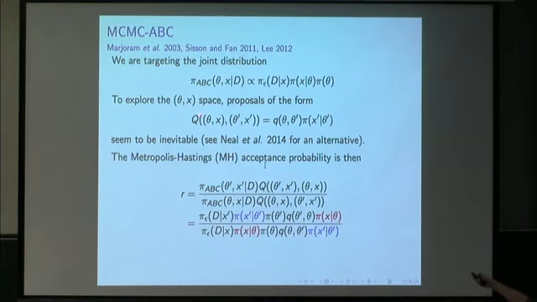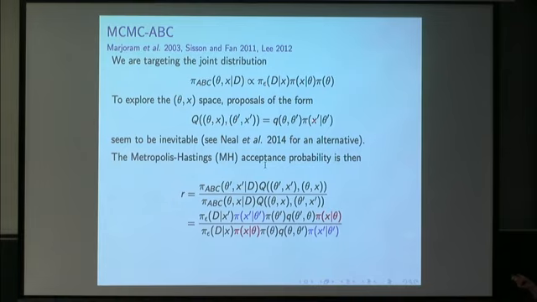We can choose anything we like for the move in theta, but when it comes to a move in x space, we need to have a likelihood component here so that it cancels out down here. If you know about MCMC, this is not going to be a nice type of move. This is an independent sampler in x, essentially. It says, move theta, and at your new theta, just simulate again from the model. So one, this is inefficient. We keep having to sample from the simulator. Two, it restricts our choice here. We have no choice about this, give or take a bit. Three, it can make mixing really difficult here.